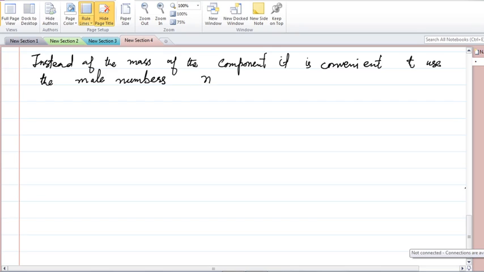So for example n1, n2, so on up to n gamma.